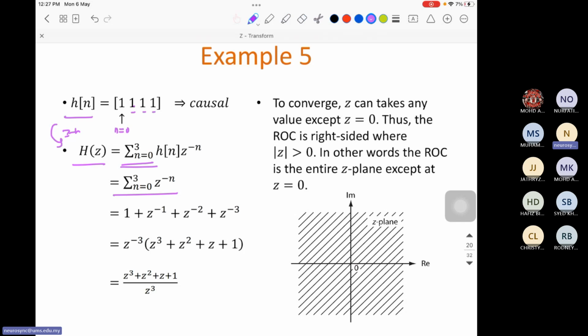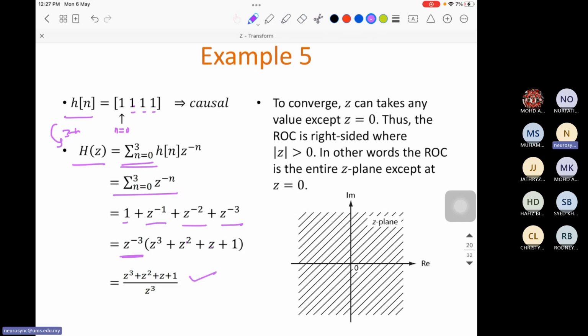Now if we do the summation here, this is z to the power minus 0, that is 1, plus z^-1 plus z^-2 plus z^-3. If we take z^-3 common, this is (z^3 + z^2 + z + 1) over z^3, and this is written like this.